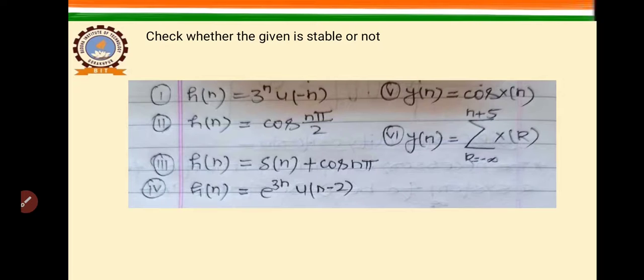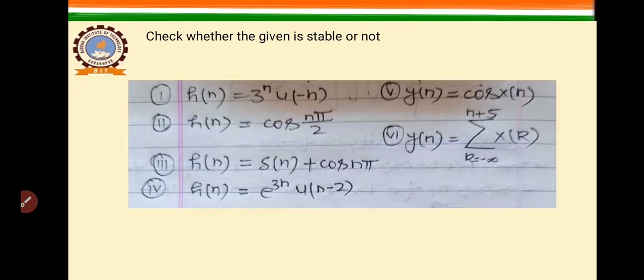here are some examples from the discrete time systems, where in some examples output is given, in some examples impulse response is directly given. I have to check whether the given system is stable or not. So first of all, I will let you know once again what is the condition for a system to be stable. It is the bounded input and bounded output criterion to check whether a system is stable or unstable.